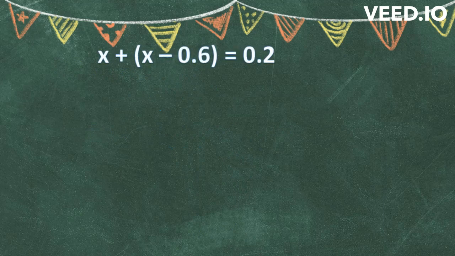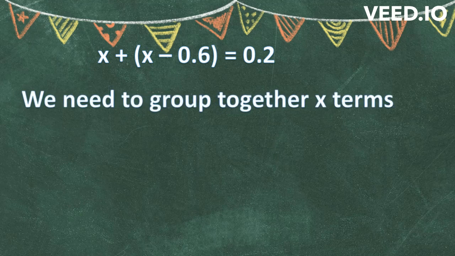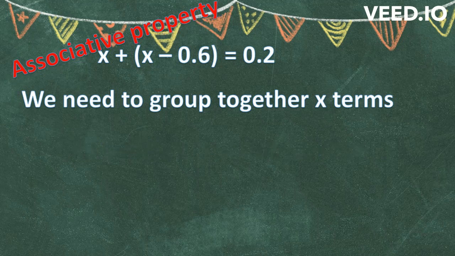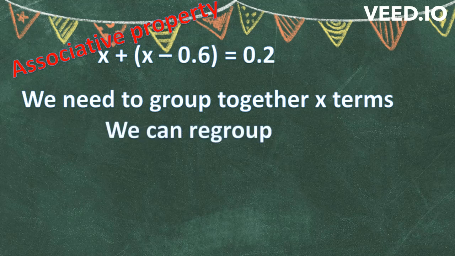We have x plus (x minus 0.6) equals 0.2. We can regroup. So we can group together x terms, but we have the parentheses, so we can regroup according to associative property. x plus x, we can regroup.